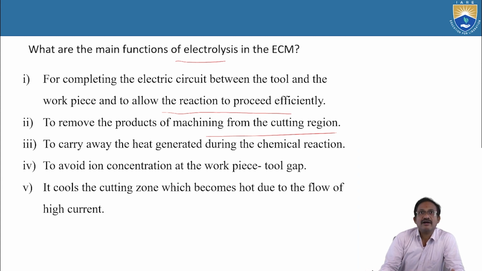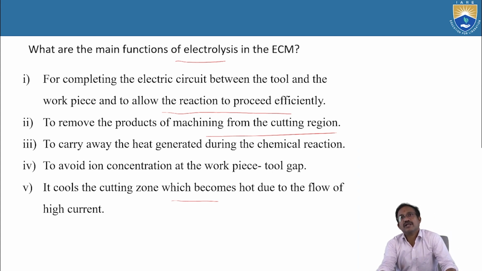To avoid ion concentration at the workpiece tool gap. It cools the cutting zone, which becomes hot due to the flow of high current. So the electrolyte reduces the heat that has been produced because of the flow of high current.